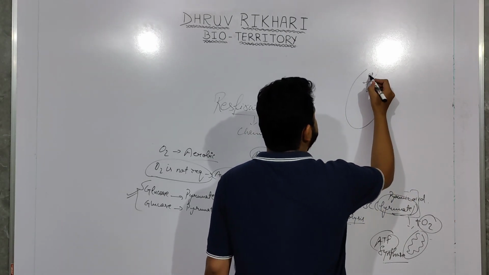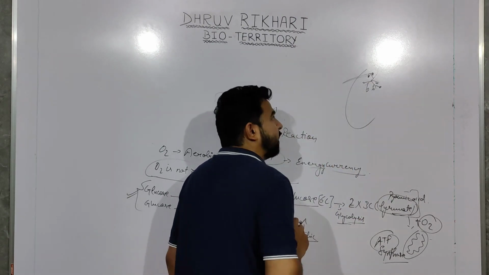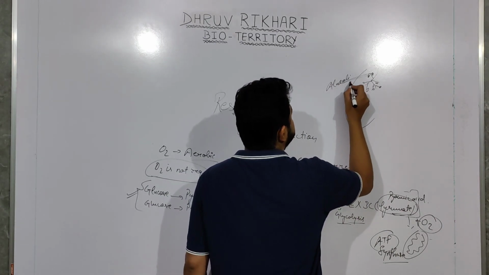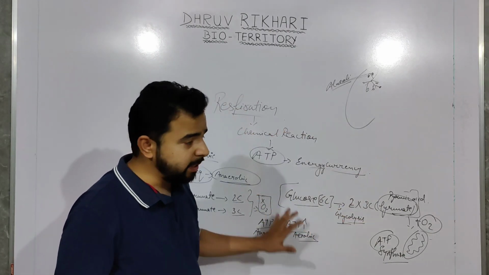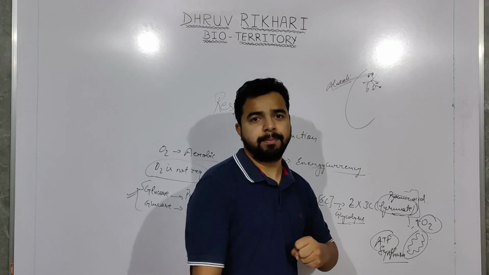On these bronchi there are sac-like structures, and these are known as alveoli. Within these alveoli, the exchange of gases takes place.